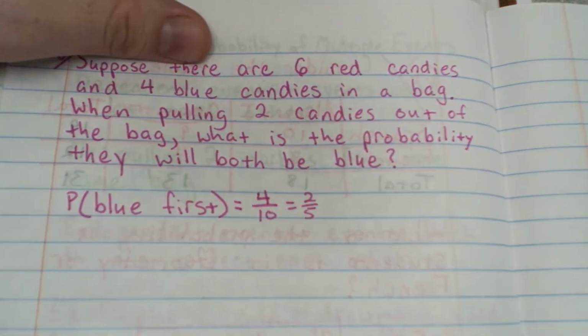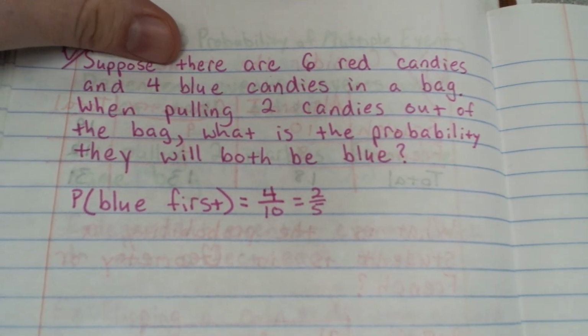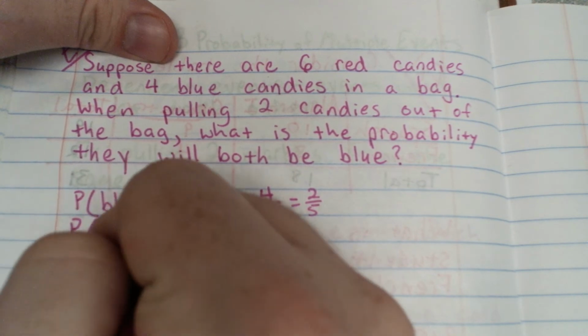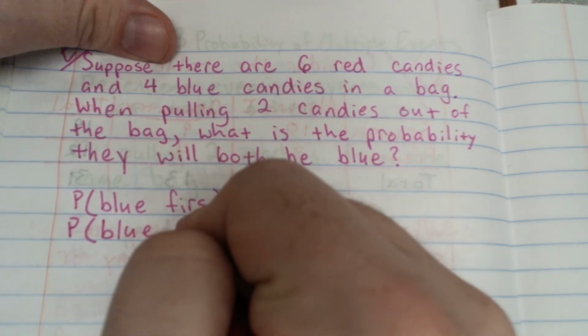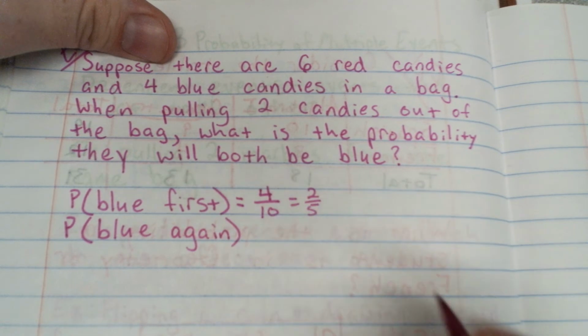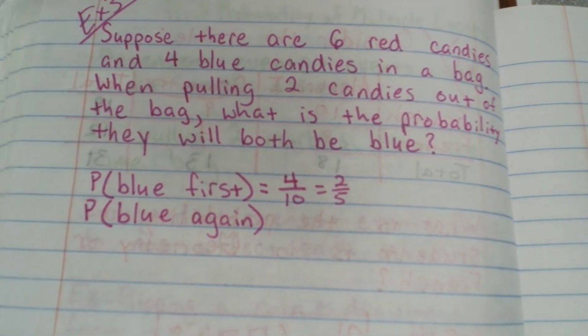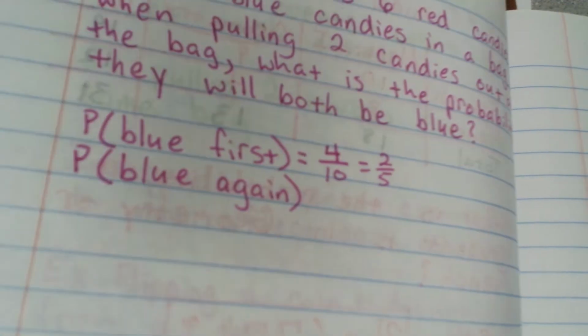I know I can simplify that. So then let's say if that happens, what's the probability we pull a blue candy out again? It is no longer 4 out of 10 because while we're looking at those candies in there, let me demonstrate this a little bit just so we see it.